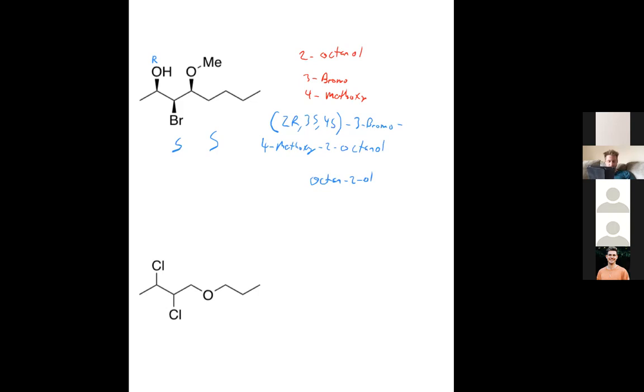All right, next one, it's going to be easier to name it with the common naming and treating this like it's one giant substituent on here. So if I number this 1, 2, 3, 4 here, this has 3 carbons, so it's a butane.